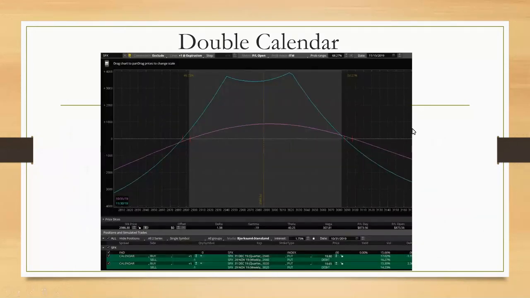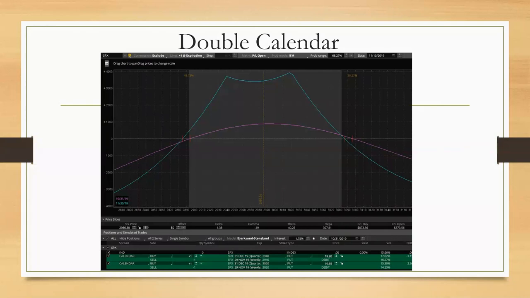And so here we have a double calendar. This is just one I threw together. The pricing probably wasn't right because this is just a simulation. But you can see how it has a wider profit zone compared to a single calendar. I've projected this forward in time as well. This is December 31st.